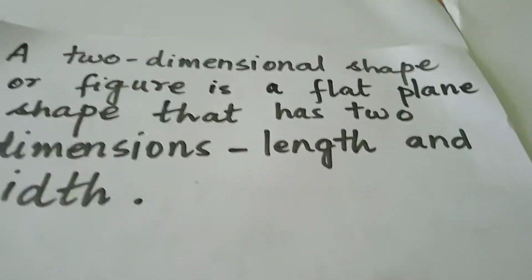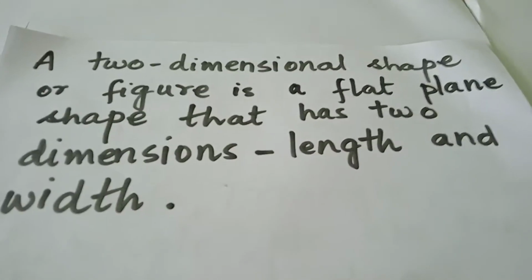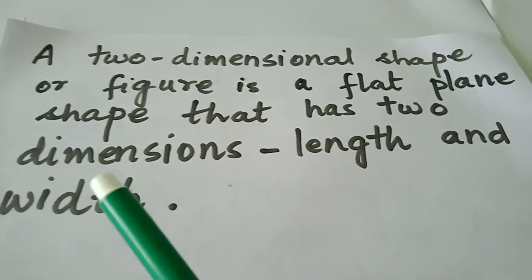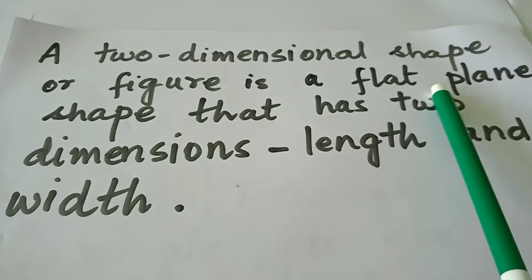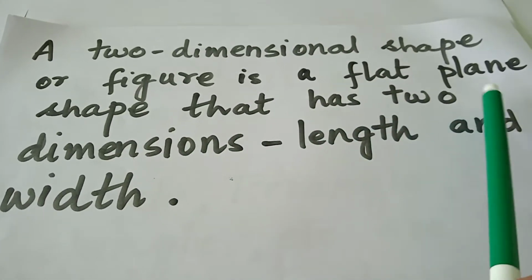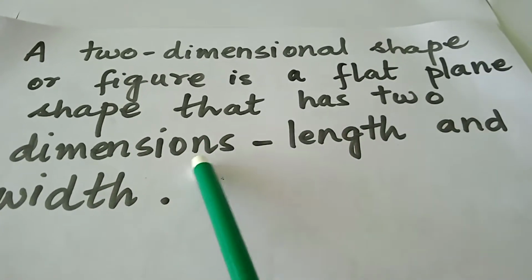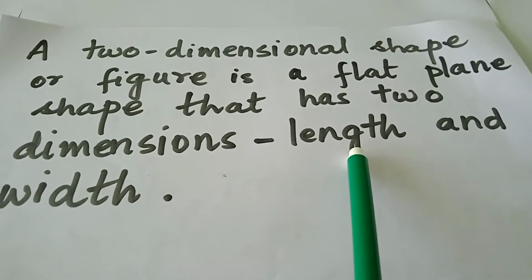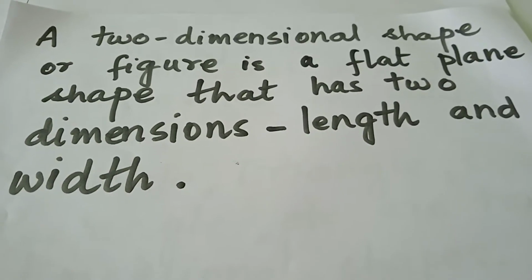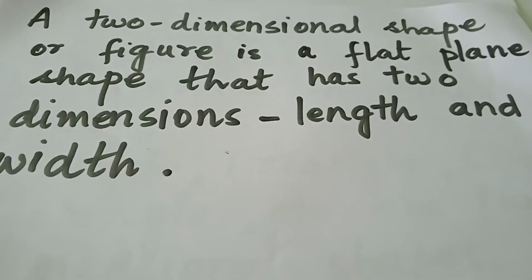Well, for those who are just wondering, what does a two-dimensional shape mean? Here, let us see. A two-dimensional shape or figure is a flat, plain shape that has two dimensions, that is length and width, as we read a little while ago.